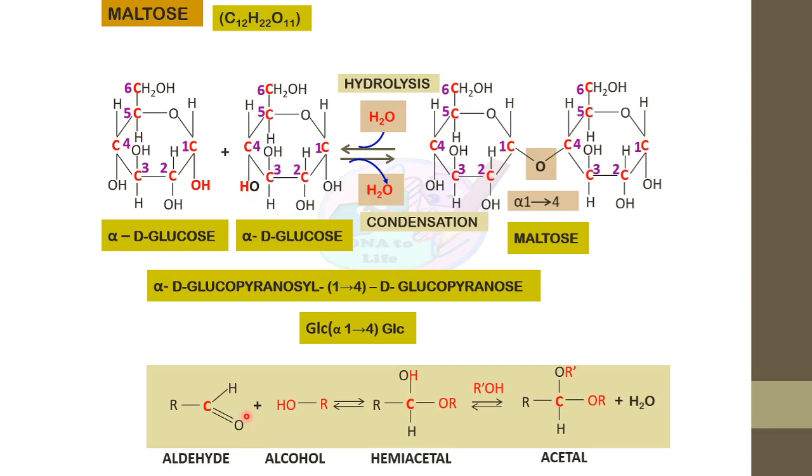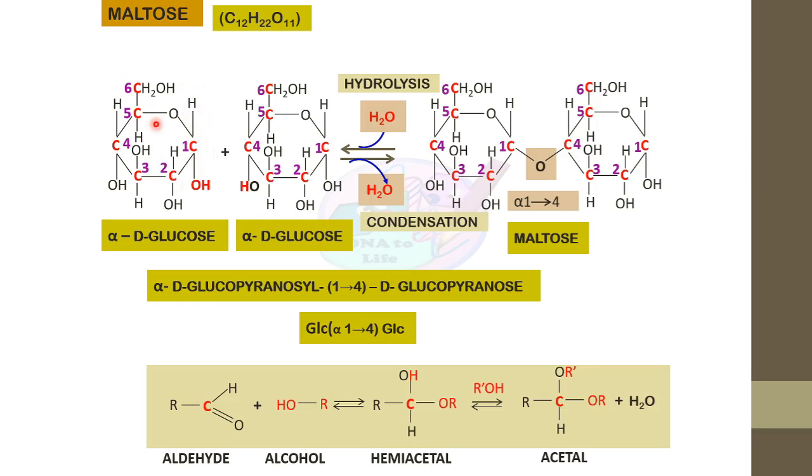In linear glucose, the aldehyde group reacts with alcohol to form the cyclic form of the sugar, and this is called a hemiacetal. If you look at this first number carbon, which is the anomeric carbon, it is attached with OH. So this is OH here, OR group, this R group is here, and this H is here.